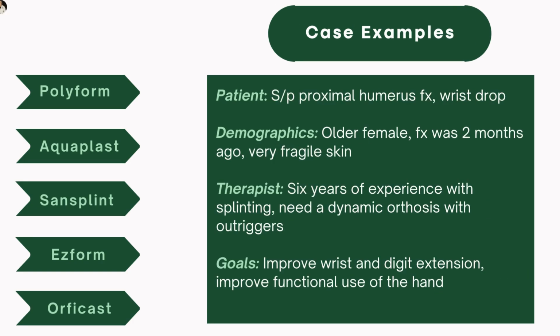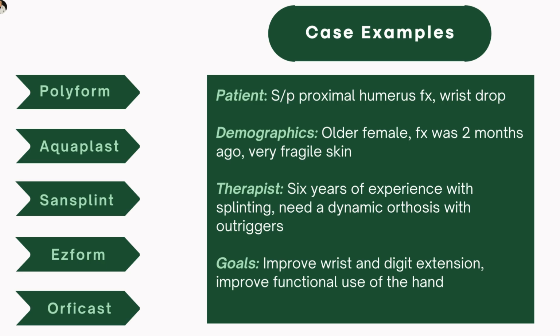All right. Now our second case example, we have somebody status post proximal humerus fracture, and she ended up having a radial nerve injury as well. So this is an older female. She has wrist drop. Her proximal humerus fracture was 2 months ago, and she has very fragile skin.